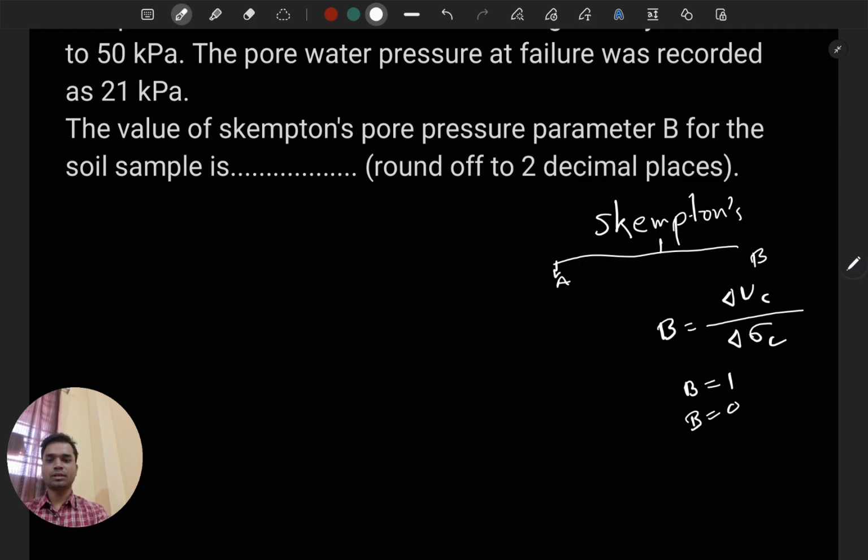Similarly, for the Skempton A parameter, A is equal to the change in pore water pressure due to deviatoric stress divided by the change in deviatoric stress.